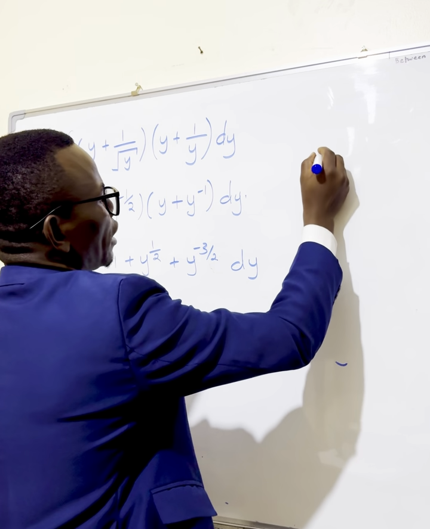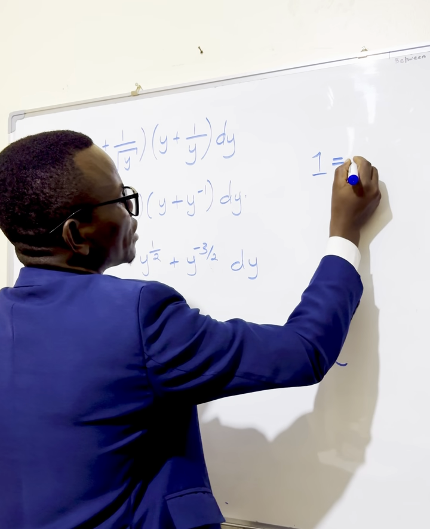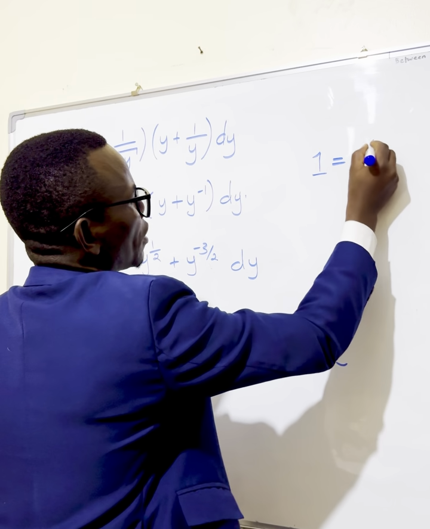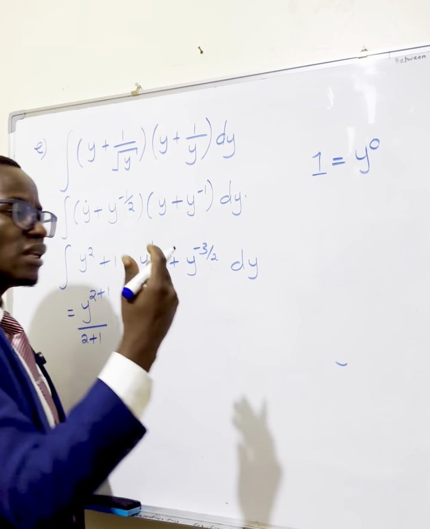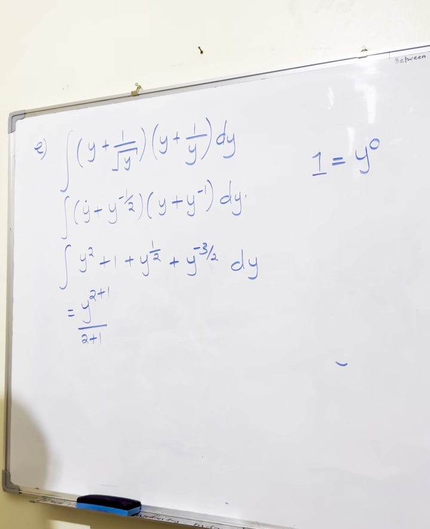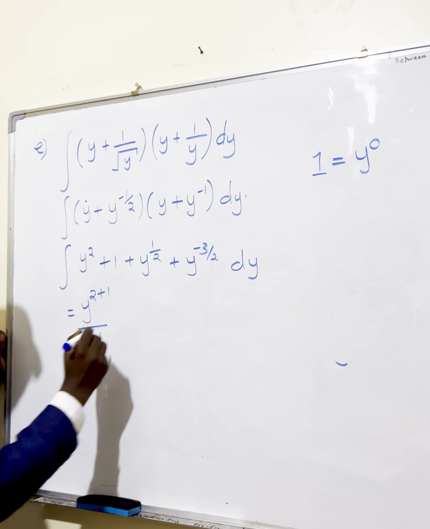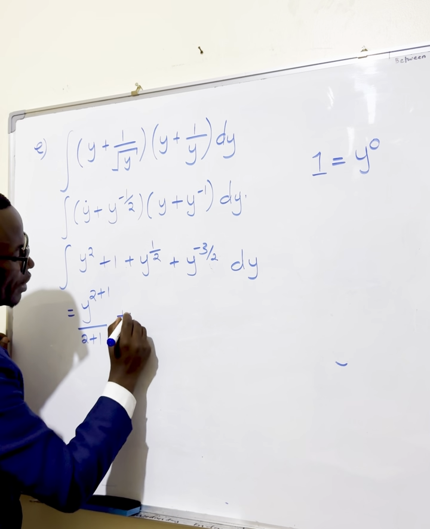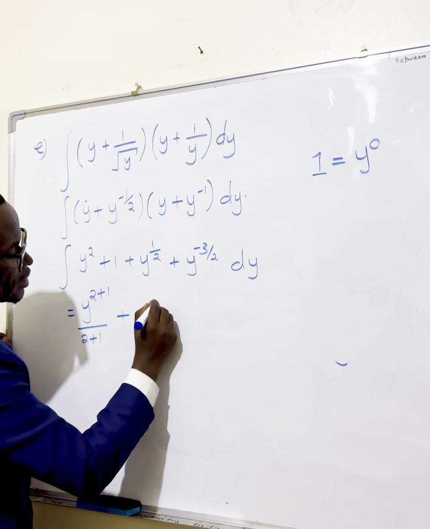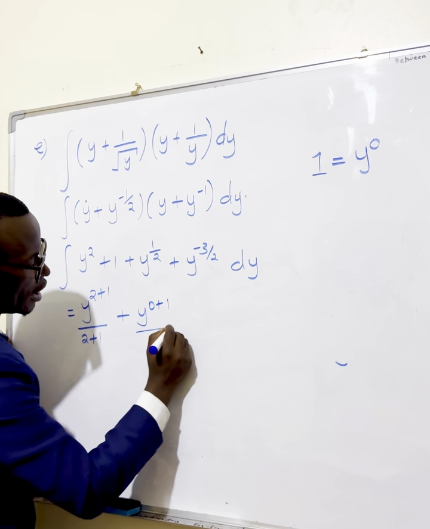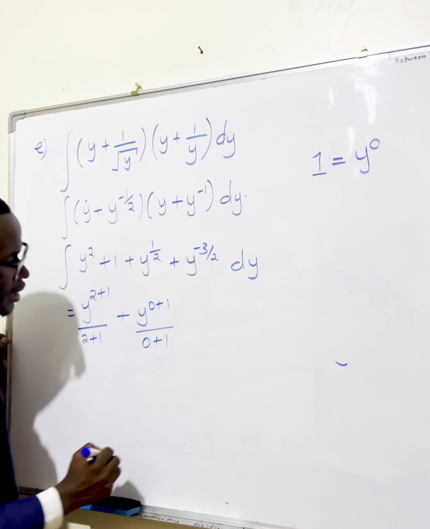According to algebra, 1 is the same as saying y to power what? 0. Because any number to power 0 is always equal to 1. So I'm going to say that that is plus y to power 0 plus 1 out of 0 plus 1.